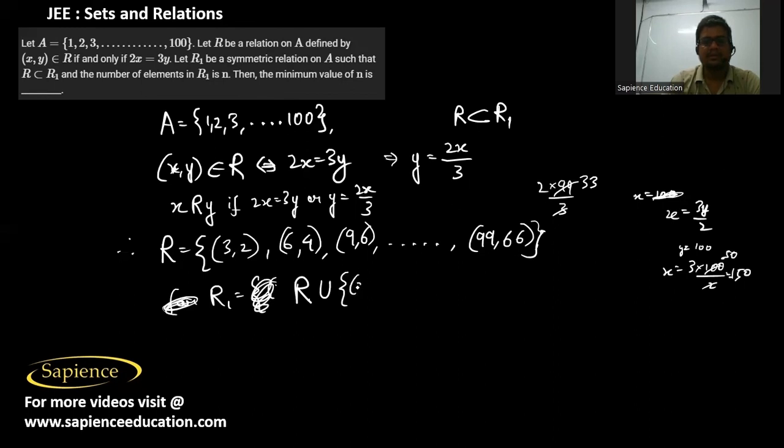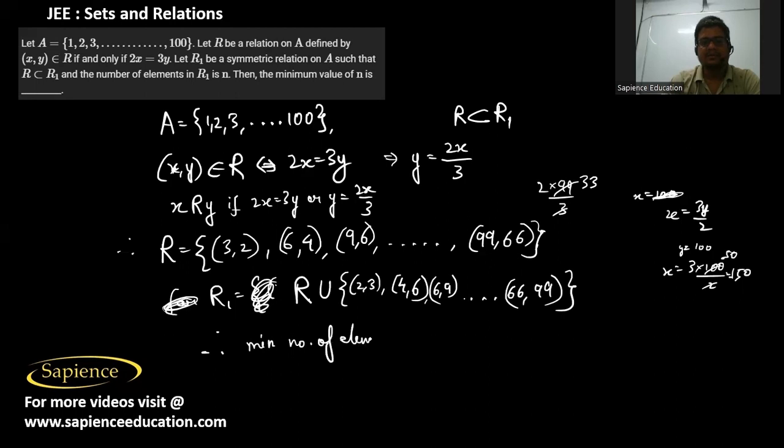It means it should contain (2, 3) also, (4, 6) also, since it has to be a symmetric relation, (6, 9) also, and then till (66, 99) also. So the minimum number of elements in the set R1 will be equal to twice the number of elements in the set R.